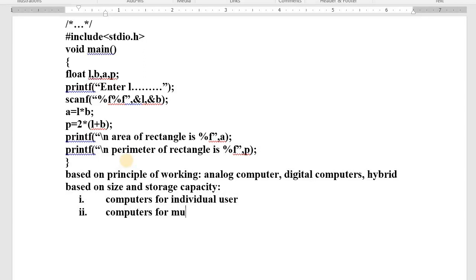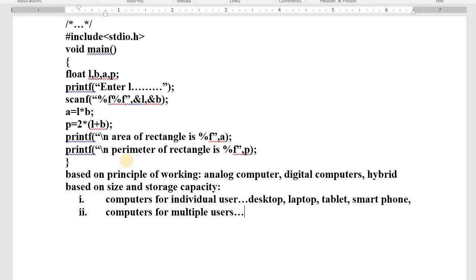Computers for multiple users means computer networking is there. At once many users are working. Computers for only one user, that is what we call desktop, laptop and tablet PC, and even our smartphone is also a computer for an individual user. List out all and explain a few important points.